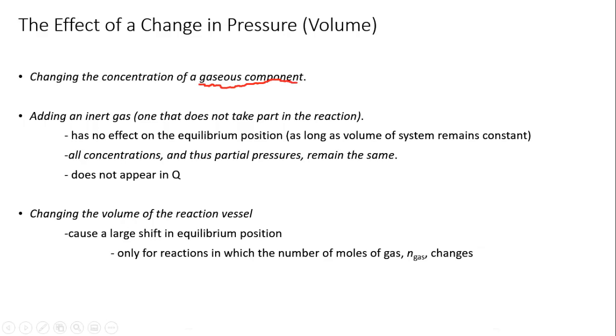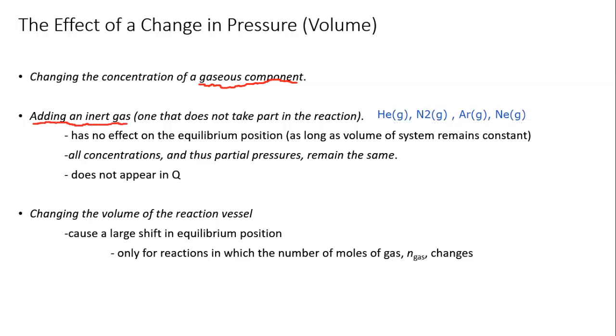So one thing we can do is add an inert gas. So an inert gas is things like helium gas, nitrogen gas, argon gas, neon gas. These are the most common examples.